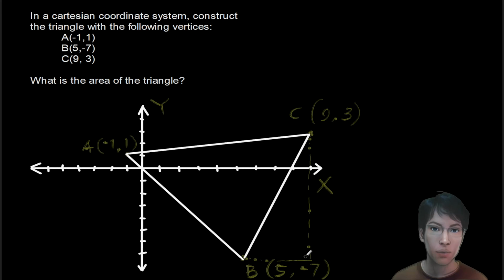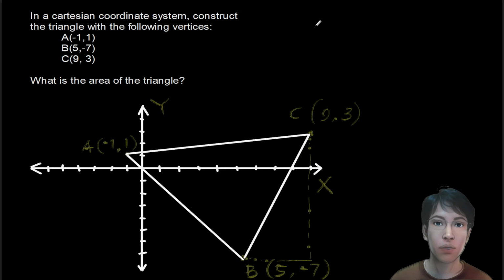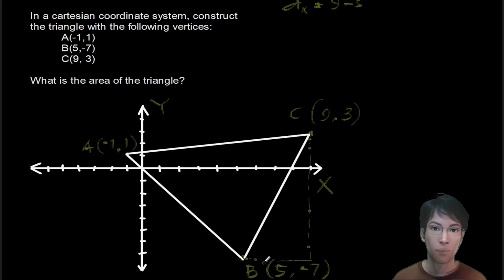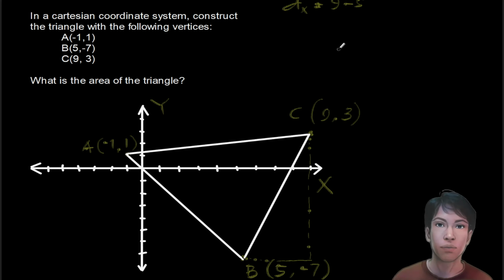So the distance is simply 9 minus 5, right? Let me designate that as d sub x. So 9 minus 5. And then the distance from this point up to this point, let me designate that as d sub y.